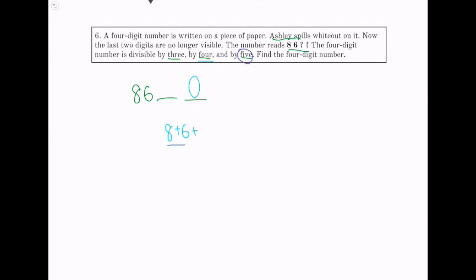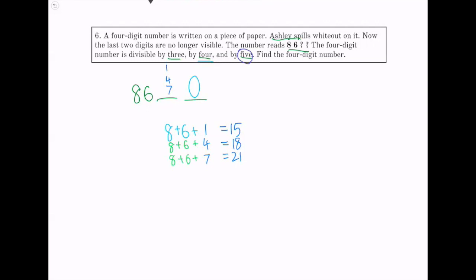So the possibilities are 1, since that would make it 15, or it can be 4, since that would make it 18, or it can be 7, since that would make it 21. So 8 plus 6 plus 1, or 8 plus 6 plus 4, or 8 plus 6 plus 7. Those are the possibilities. So now we know that this has to be 1, 4, or 7. We don't know which one.